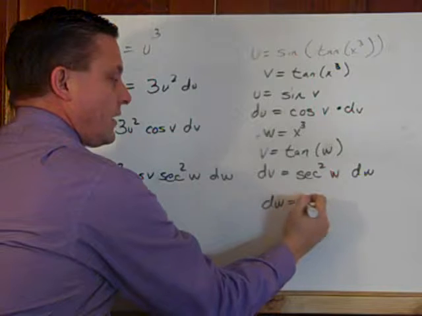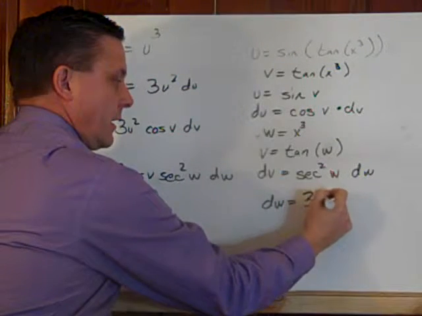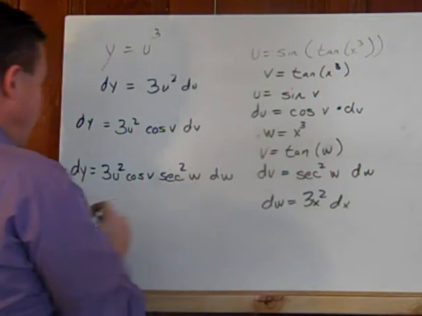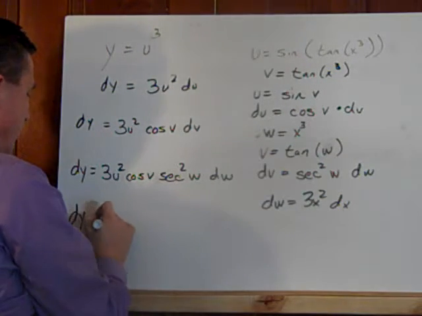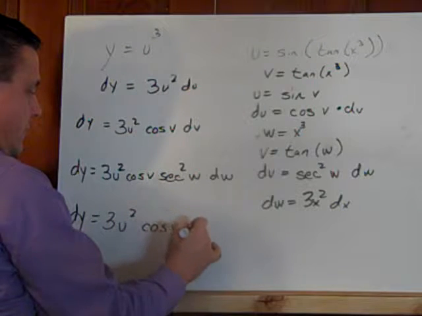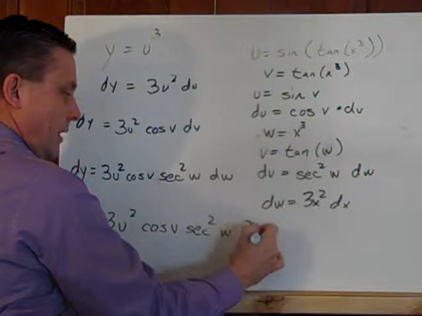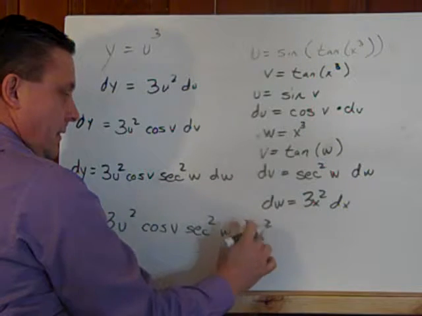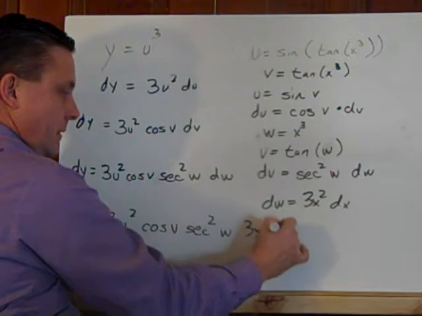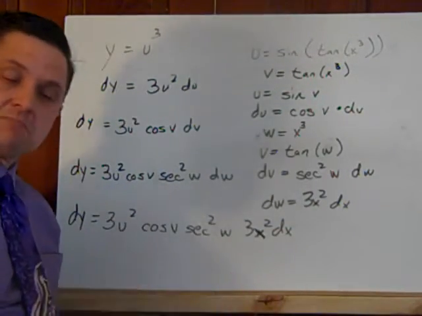Derivative of w is 1 dw equals derivative of x cubed is 3x squared dx. And if I write that out, dw is 3x squared dx. And now if I divide both sides by dx, I get dy dx.